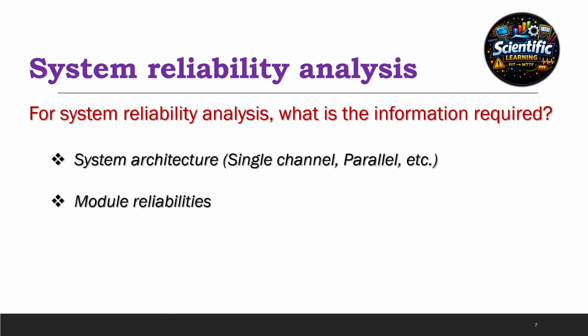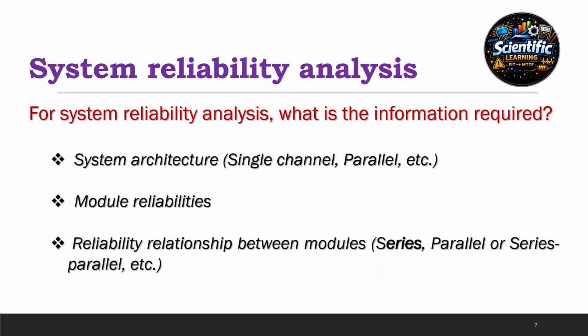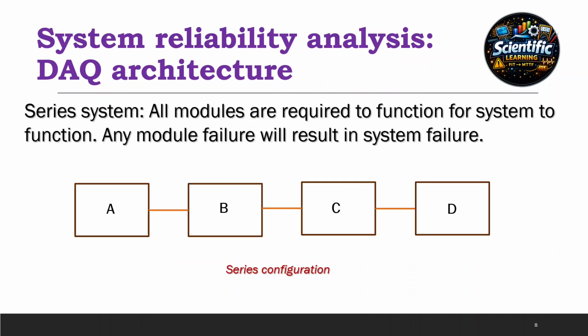Then secondly, what are the reliabilities of the modules used in the system? And thirdly, what is the reliability relationship between modules? Is it series connection or parallel connection or series-parallel combination, etc.